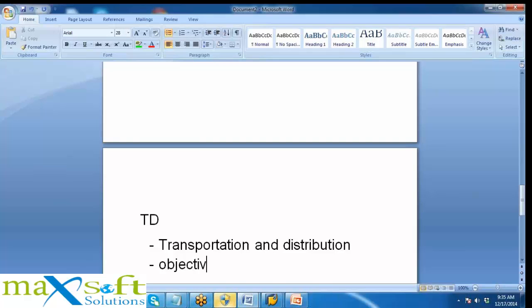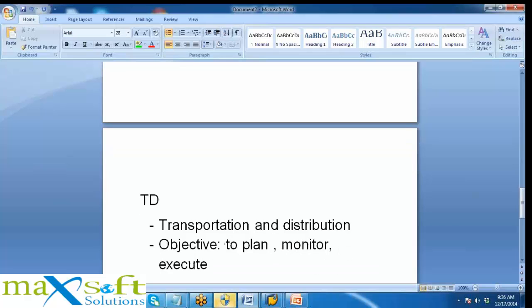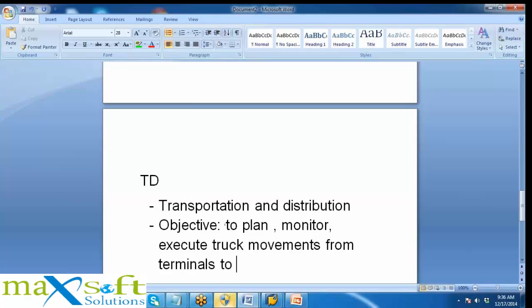The objective of this topic is to plan, monitor, execute, and track movements from terminals to customers, generally retail outlets or gas stations.